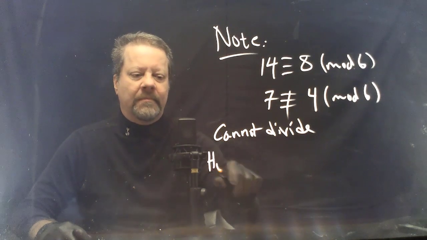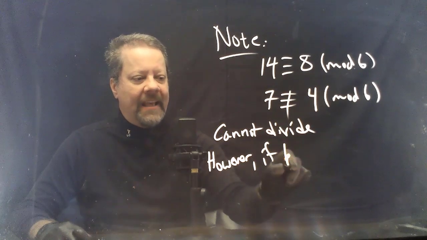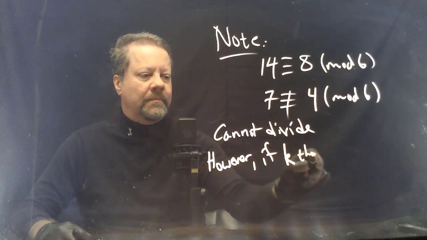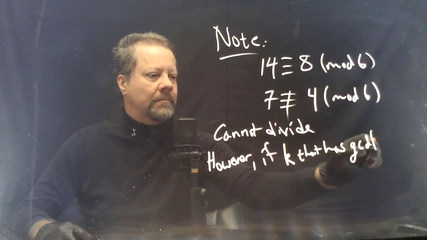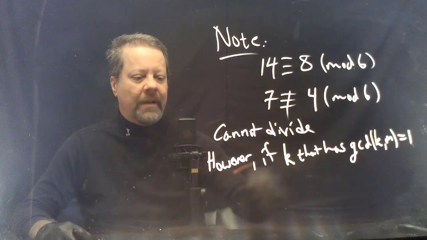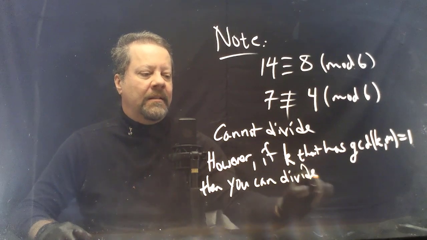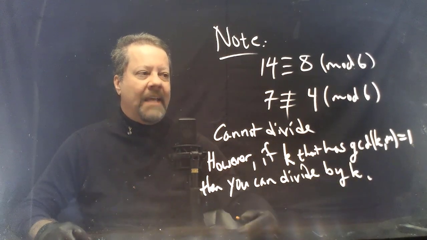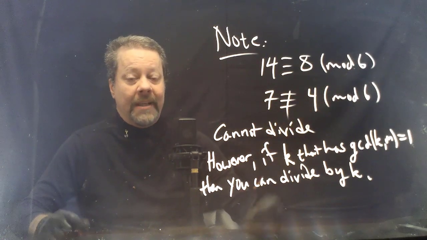However, if you have some number k that is relatively prime to the modulus, where m is the modulus, if that's 1, so that they're relatively prime, then you can divide each side of a modular equation like this by that number k, but it has to be relatively prime to the modulus. 2 is not relatively prime to 6, because 2 goes evenly into 6.